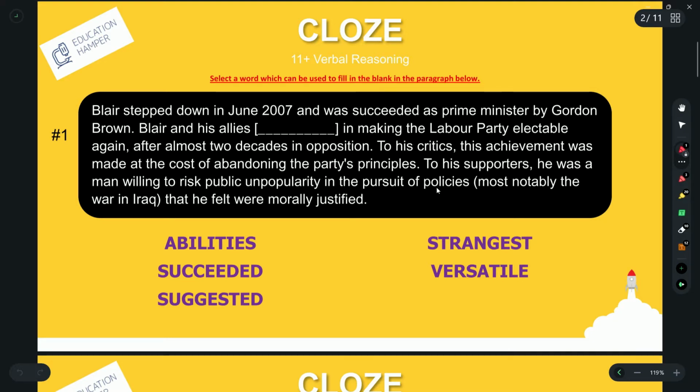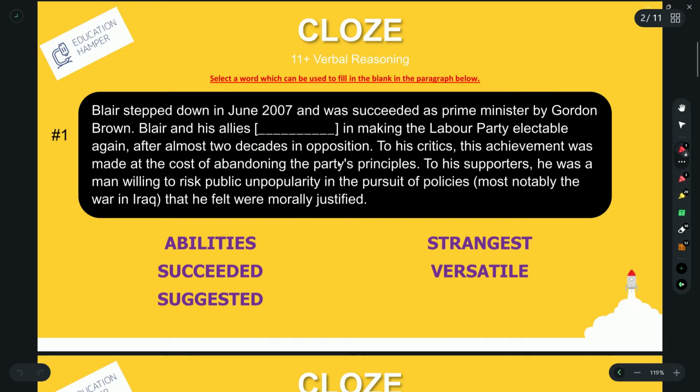When he's enacting acts such as, most notably, the war in Iraq. So maybe he suggested that the government needs to engage in a war in Iraq. But he did that on the grounding that he thought it was morally justified. He felt internally that it was a good thing to do. Okay, so that's the context of this.